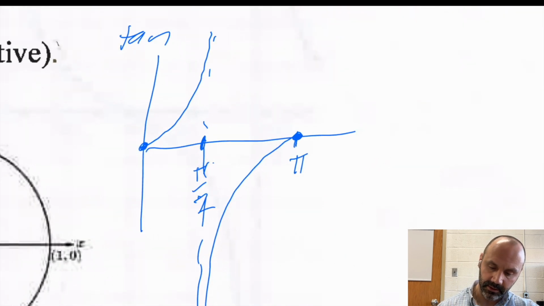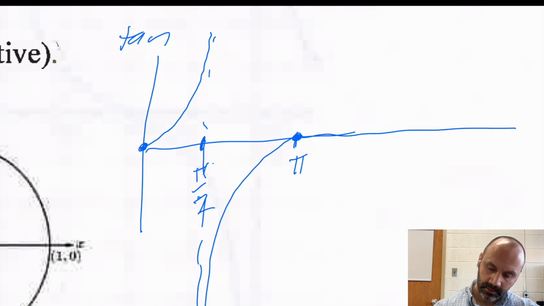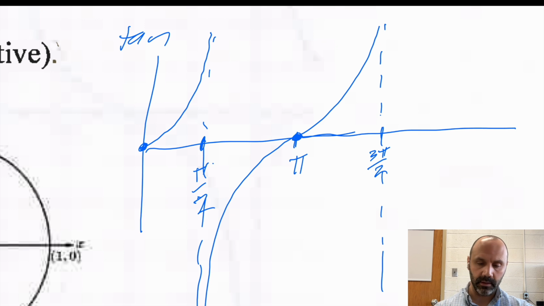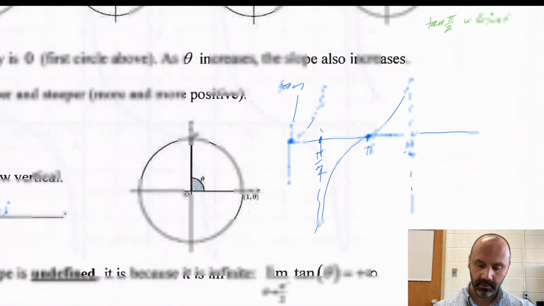So if I go back to this that I'm filling in, at 3 pi over 2, I'm going to have another asymptote. It'll look like that. Now that looks the same as this, doesn't it? What I have from 0 to pi over 2 looks the same as pi to 3 pi over 2. And so that's the pattern that we're going to see.